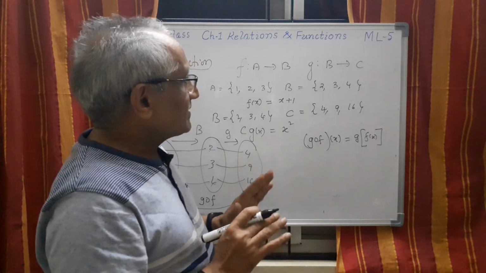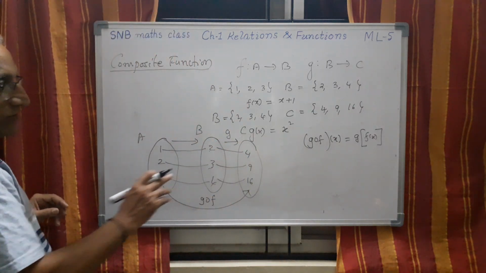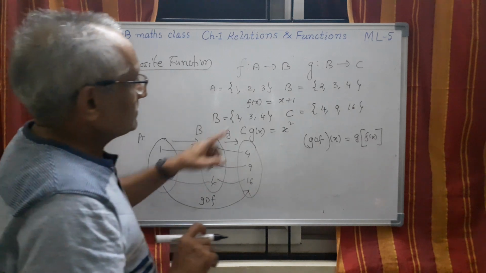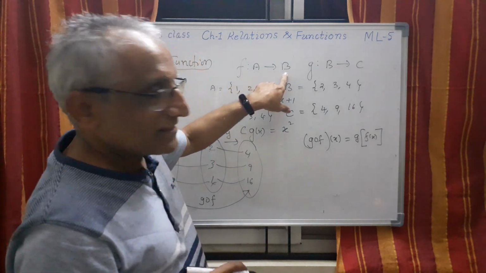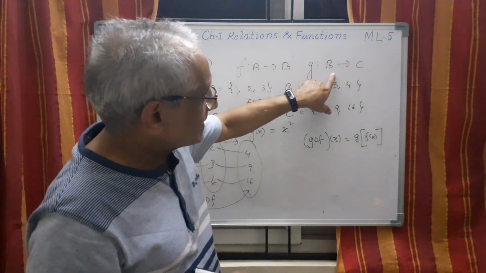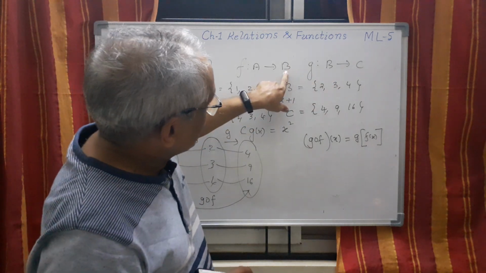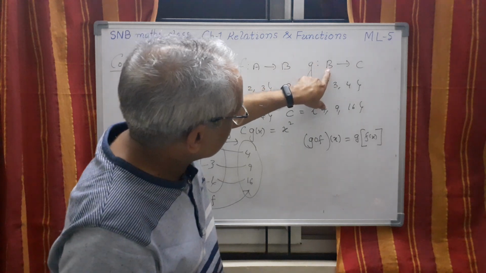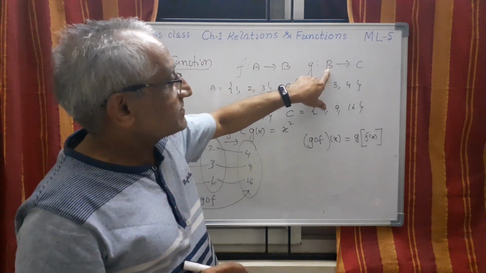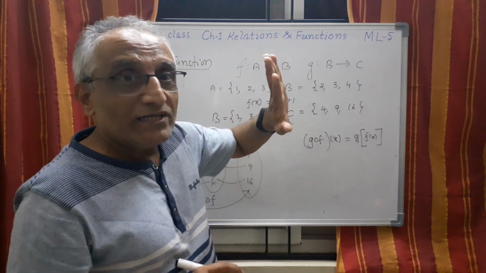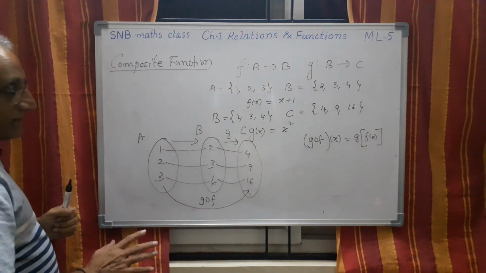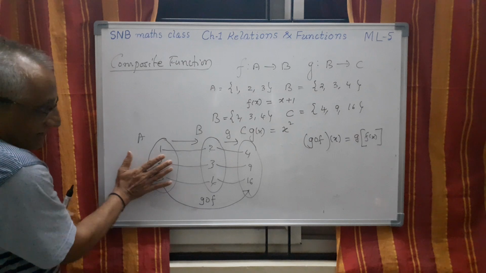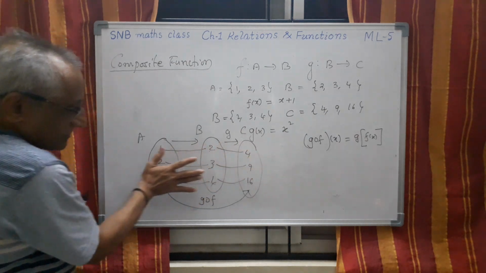The condition is that whenever you want to define the composite function, this is the first function, domain is A, codomain is B. For the second function, the codomain of the first function should be the domain of the second function, then C. Then only we can define this g of f. And the second thing you should remember is, this is the first, this is the second, this is the third one in terms of sets.